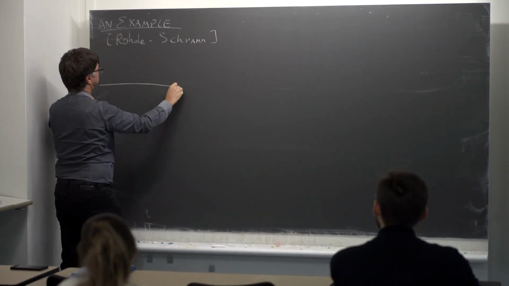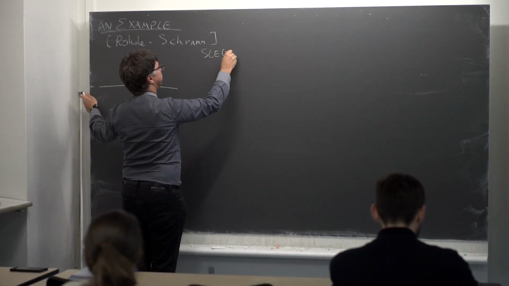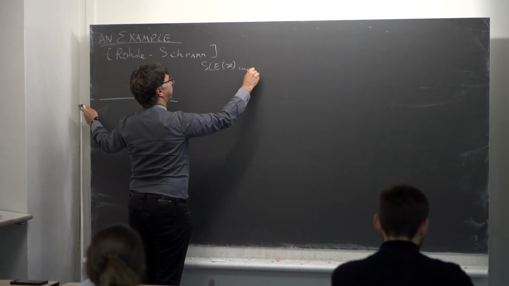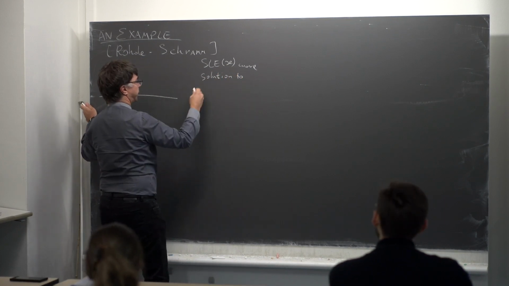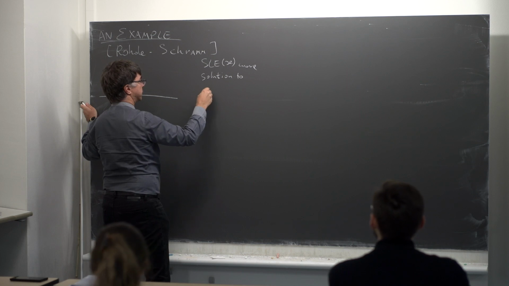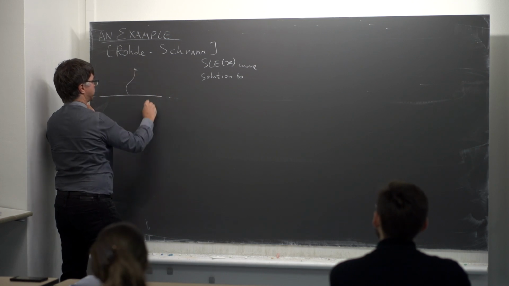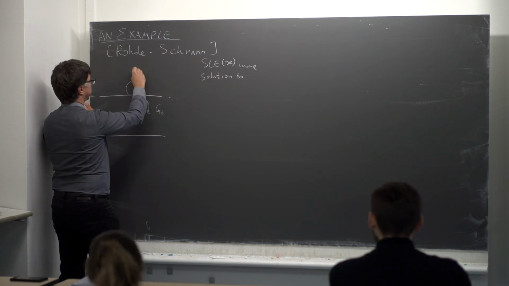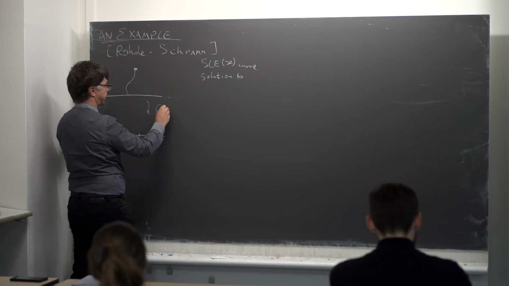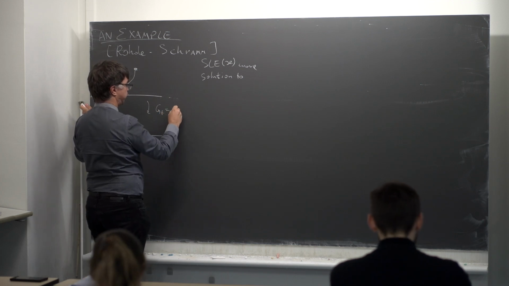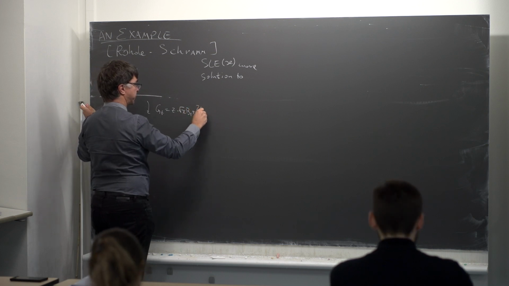So suppose that we have a SLE kappa curve. It's the solution to the equation. So if I take the map GT such that the tip goes to 0, GT then has some expansion at infinity, z minus square root of kappa Brownian motion plus 2t over z plus so on.